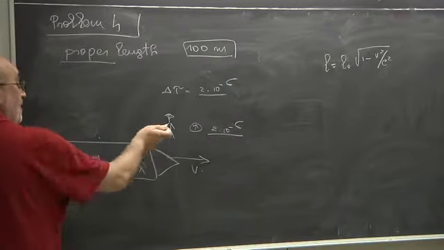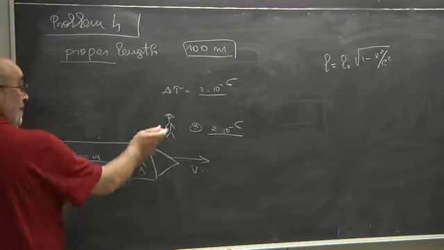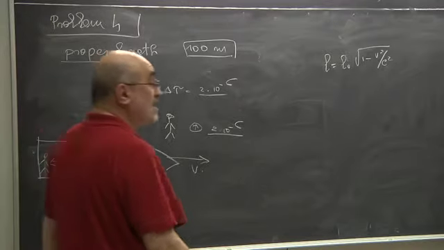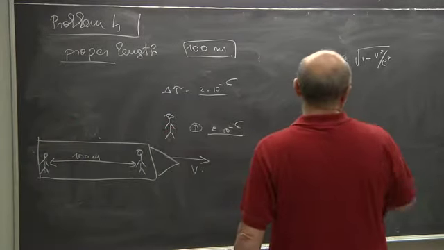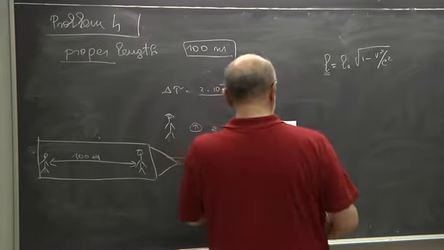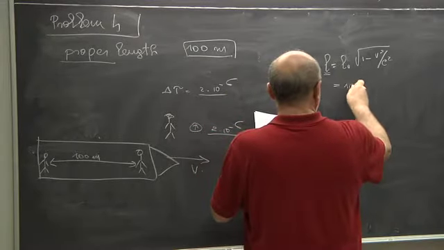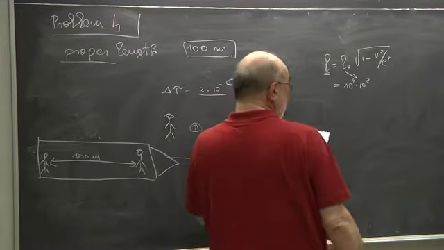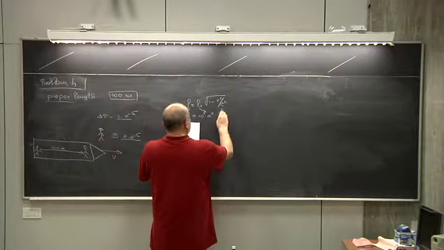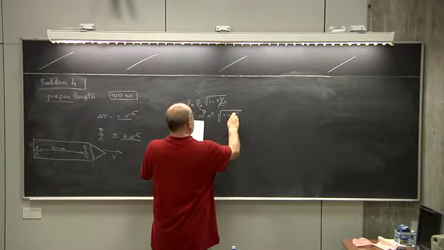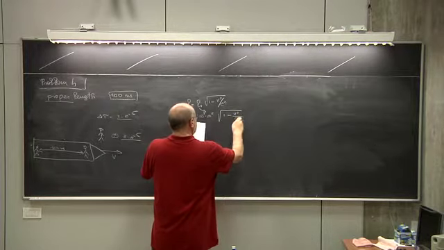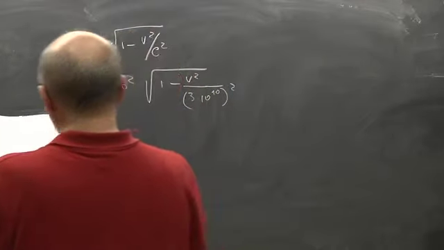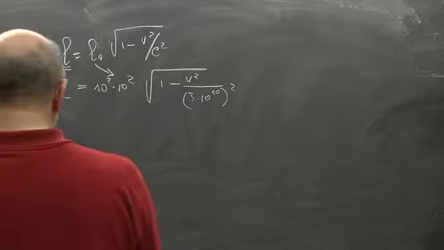He is at rest outside, but with respect to him the spaceship is in a moving frame. So he sees a contracted length. That means this is the length he sees. So let's put here 100 meters, let's put it in centimeters, this is the proper length. Then we get the square root of 1 minus V squared, which we don't know, divided by 3 times 10 to the 10 squared. And this is the length.